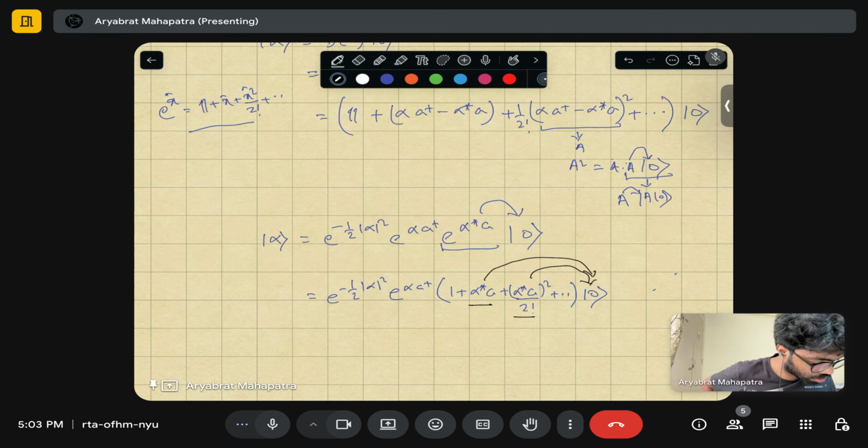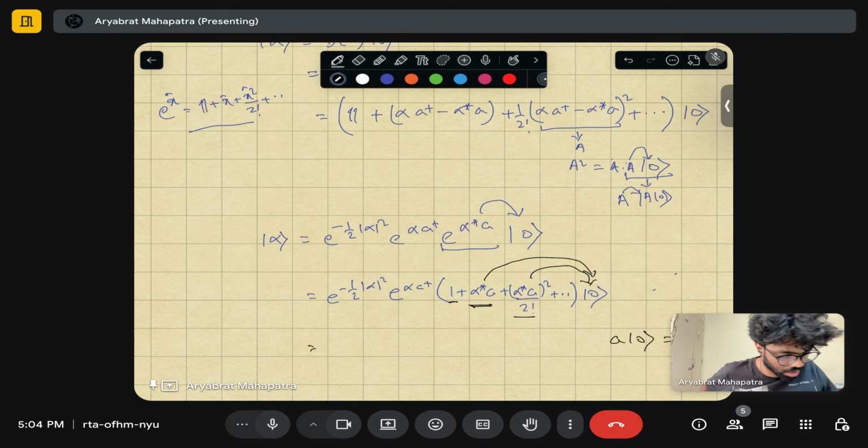Why? Because when an a operator acts on 0, it is always 0. From the second term of this bracket onwards, you will always find a operator: here you have a, then a squared, then a cube, and so on. So you will always get 0. Only the first term, the identity operator, acting on 0 gives you 0 again.